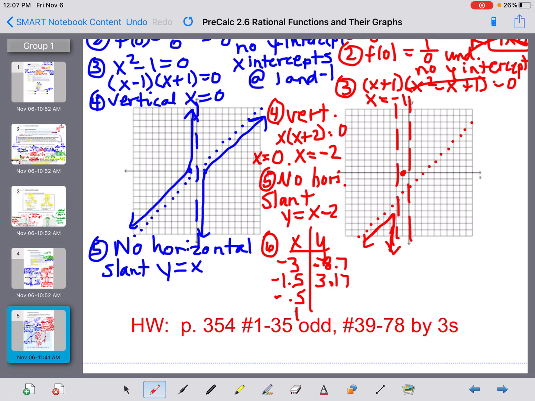So -1.5 is about 3.17, so it's up here, and I'm not getting real accurate here with my pen.